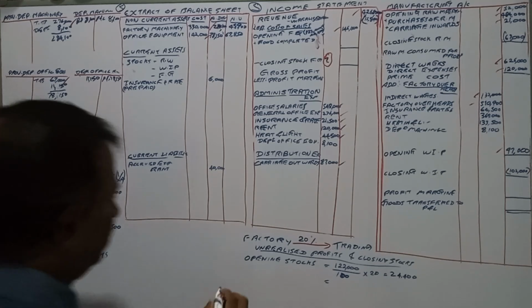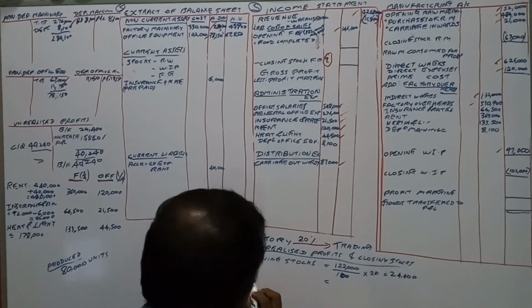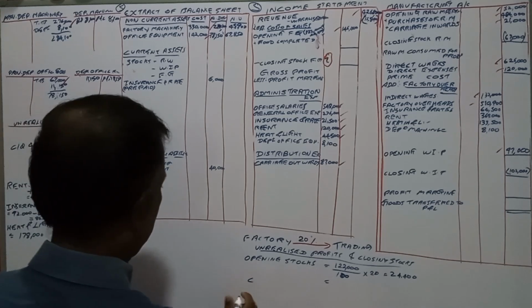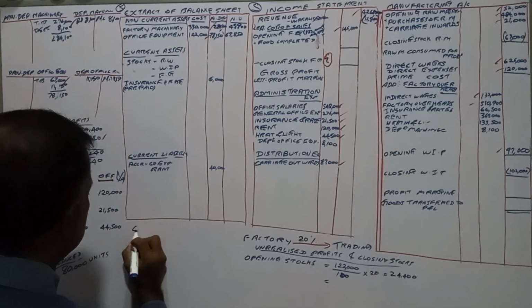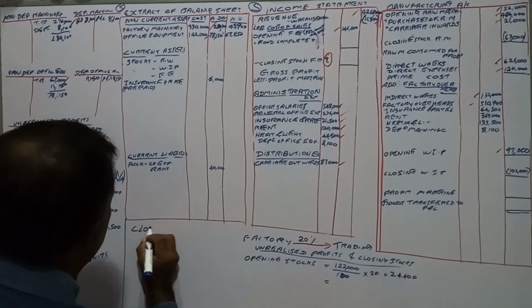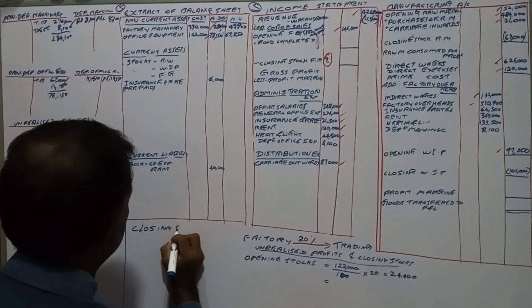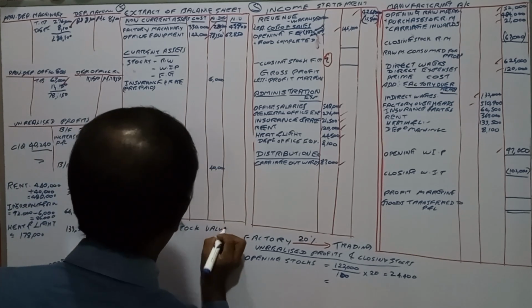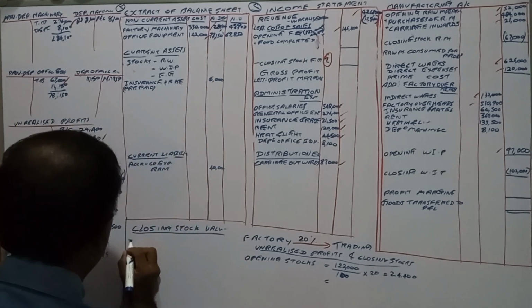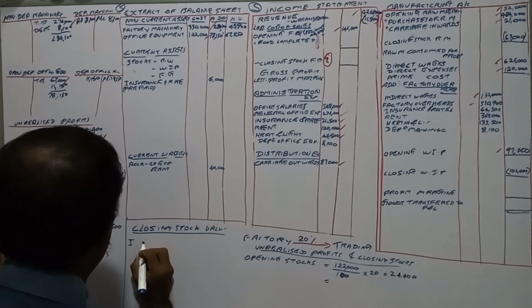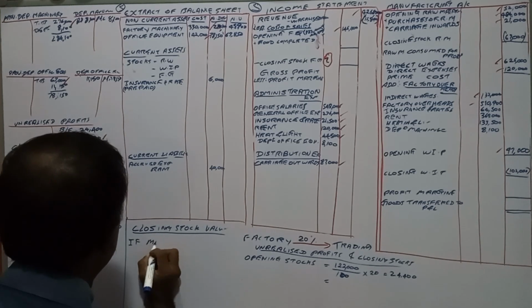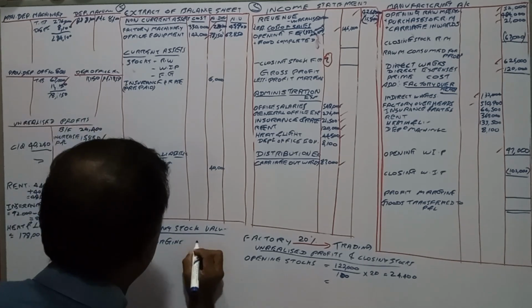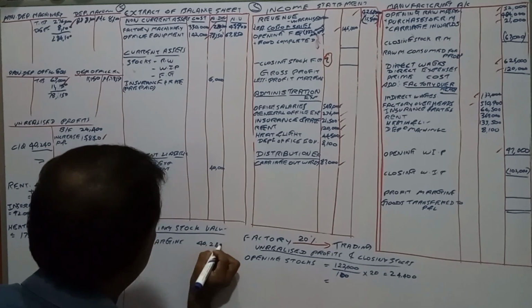If you say closing stock valuation, if the margin is 40,240, right?